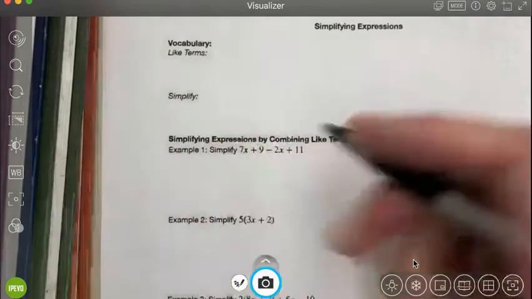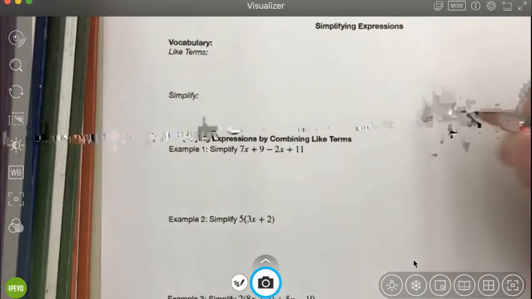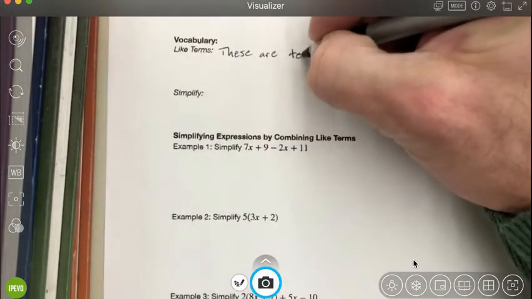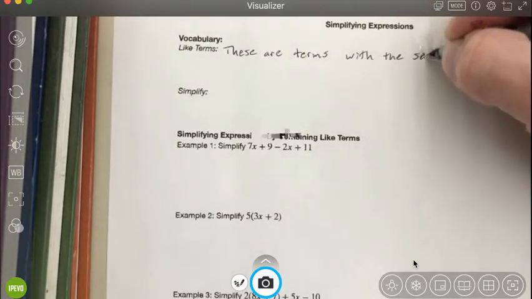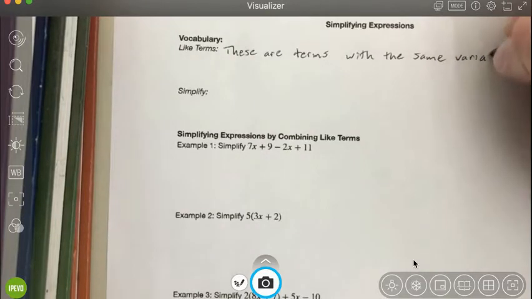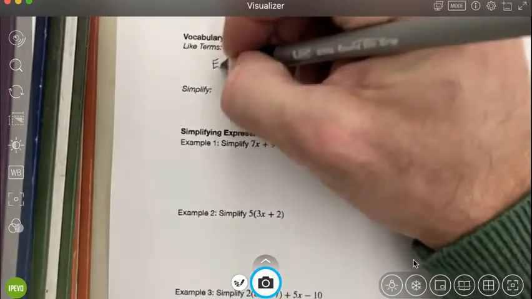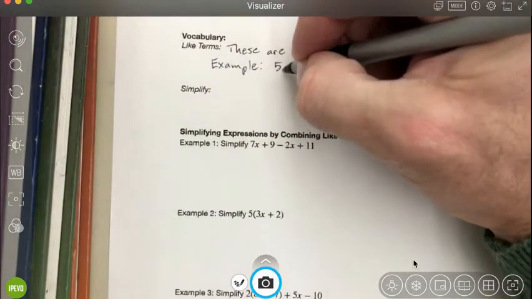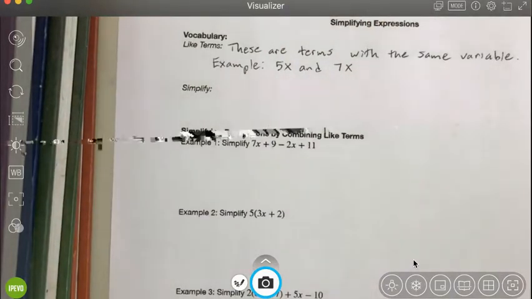The first one is like terms. So basically, the basic definition we're going to work with right now is these are terms with the same variable. To give you an example, 5x and 7x would be like terms.